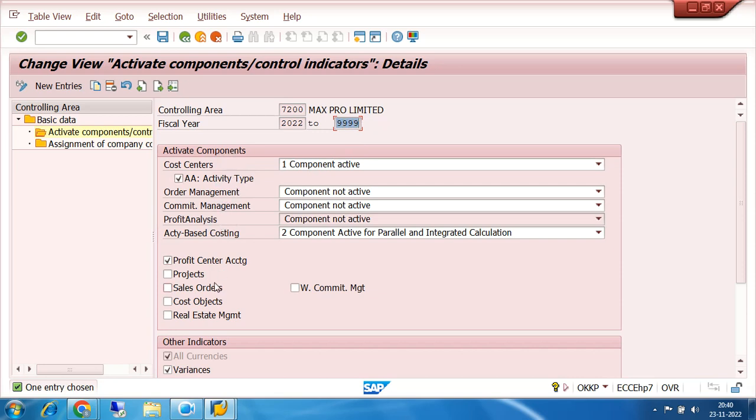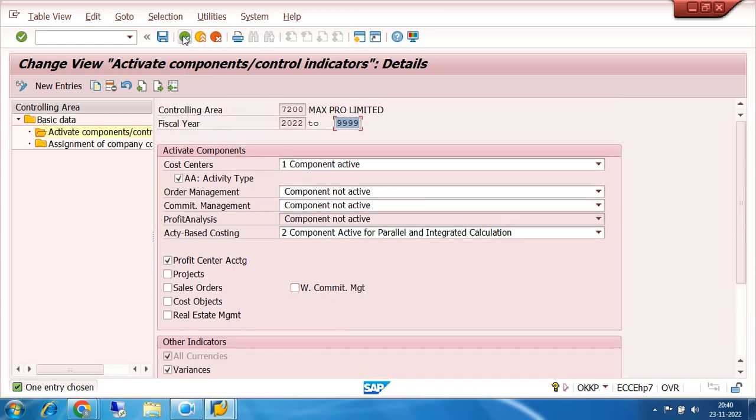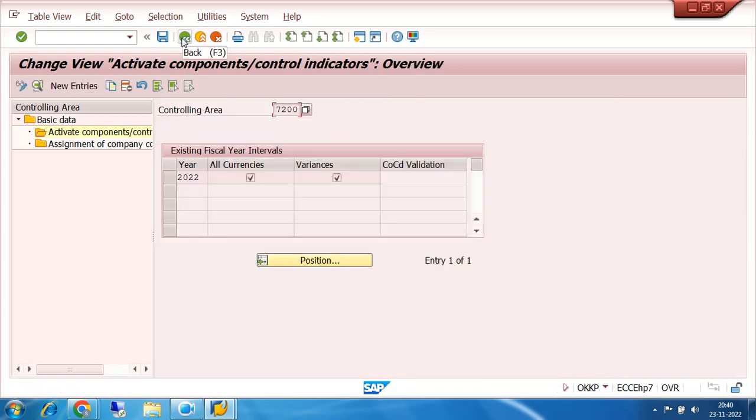Costing has so many components, but we are at a very primary stage, just for the demonstration of document splitting. Therefore I make the cost center active, activity type active, okay, and profit center active, variance active. These things are only activated. So this is the way in which I have created the basic settings of my controlling area.